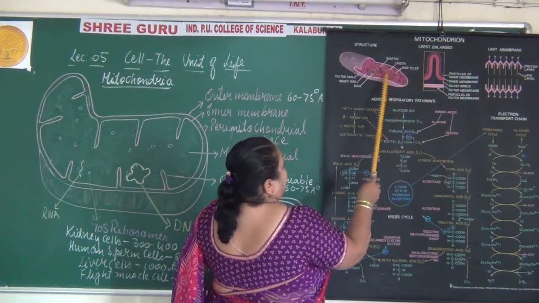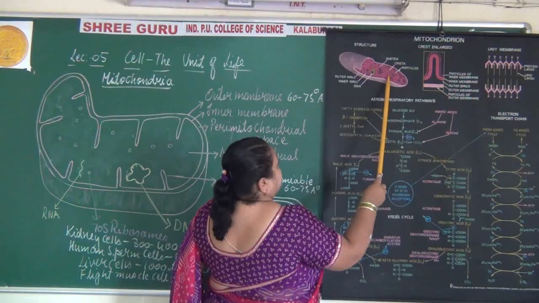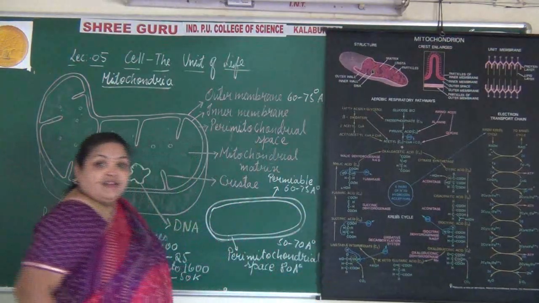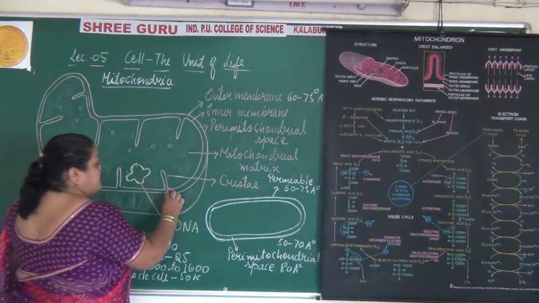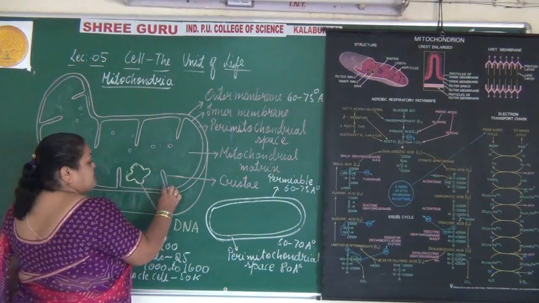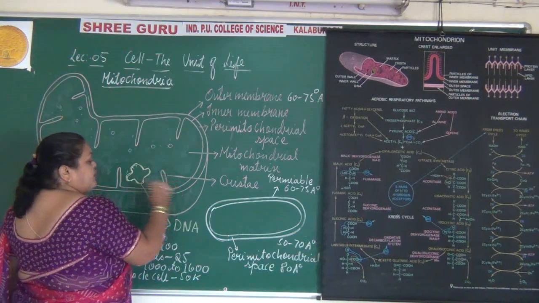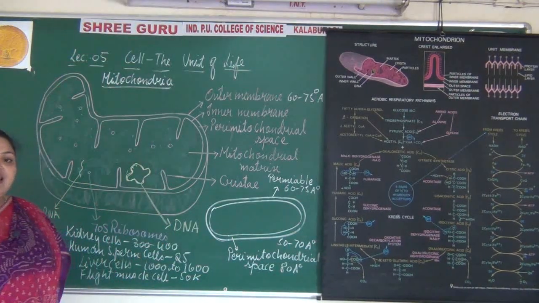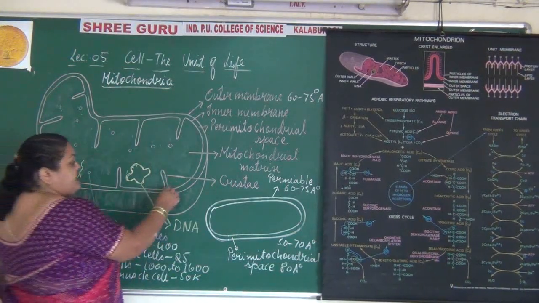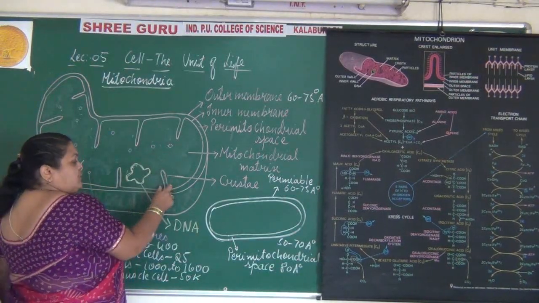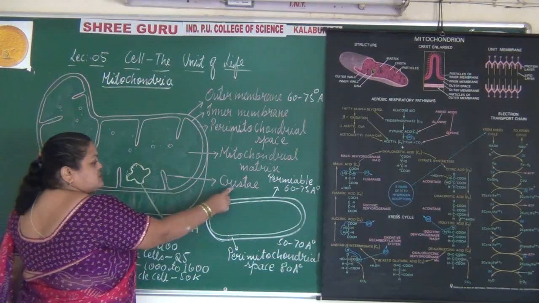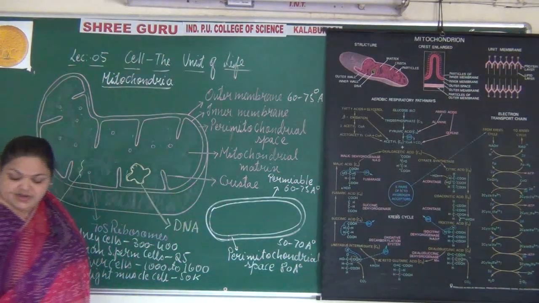There are inner infoldings inside the mitochondria. The plasma membrane is producing finger-like projections internally into the cavity. Those finger-like projections are called the cristae.